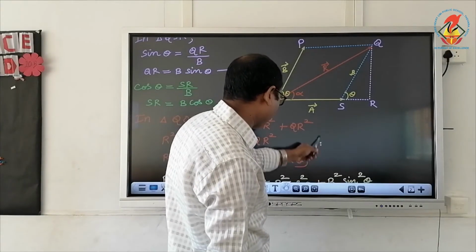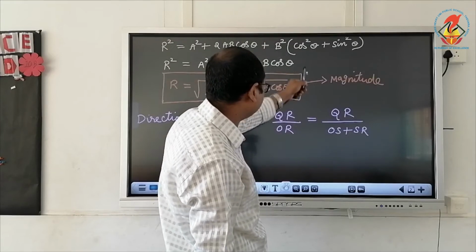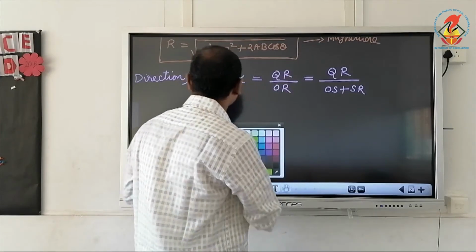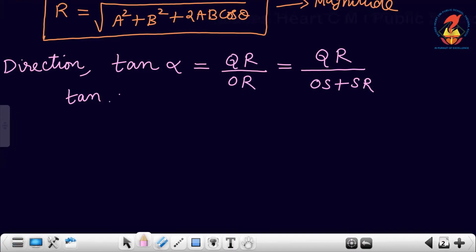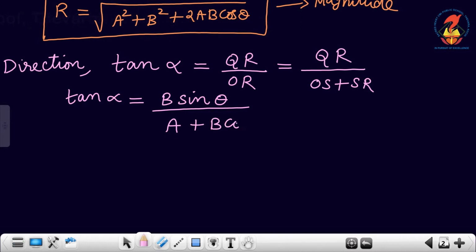So what will happen? Look. Tan alpha is equal to QR is B sin theta, and OS is A, that is from the parallelogram itself, OS is A and SR is B cos theta.